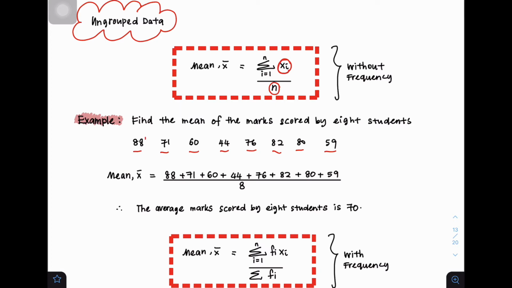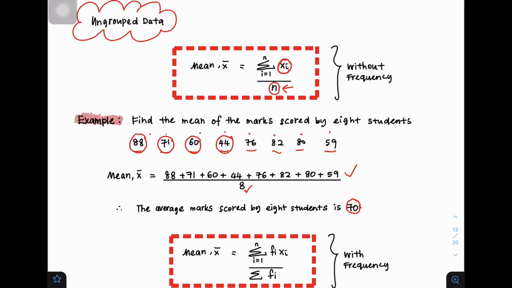Maksudnya awak kena tambah semua data ni. 88 campur 71 campur 60 campur 44 campur 76 campur 82 campur 80 campur 59. Bahagi dengan bilangan data. So bilangan data kita ada 1, 2, 3, 4, 5, 6, 7, 8. So bahagi dengan 8. So kita dapat the average mark score by each student is 70 marks.